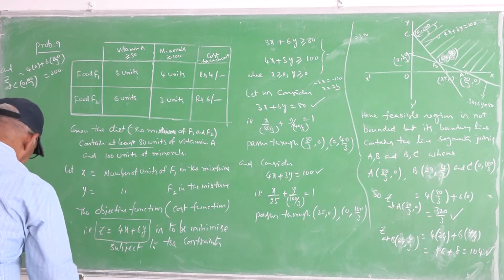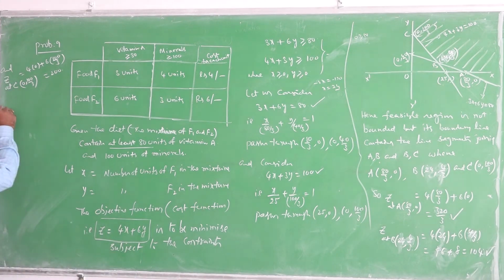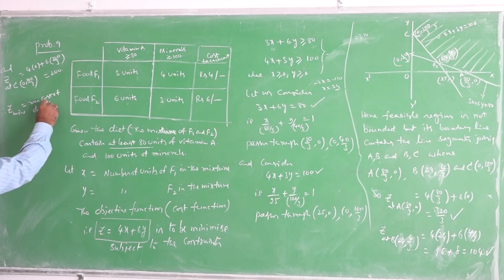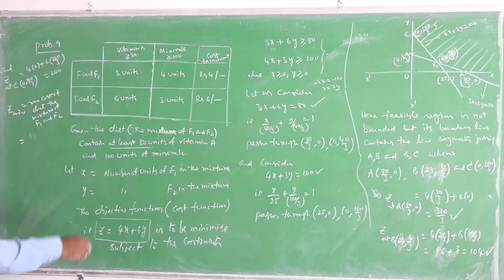So Z minimum, minimizing the cost of the diet. The minimum cost of the diet, which is obtained by the mixture of F1 and F2, is given by the minimum value out of these.